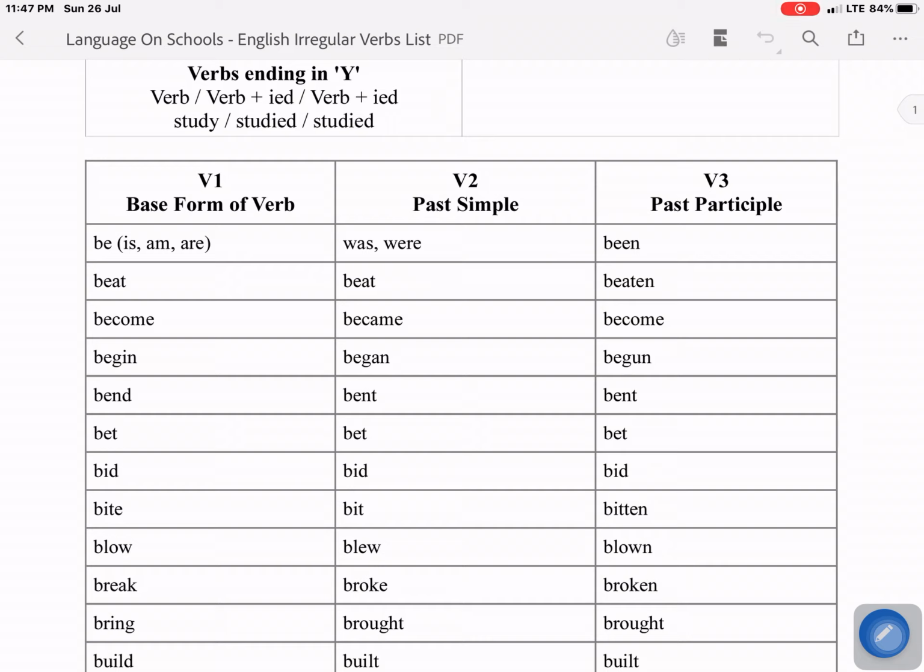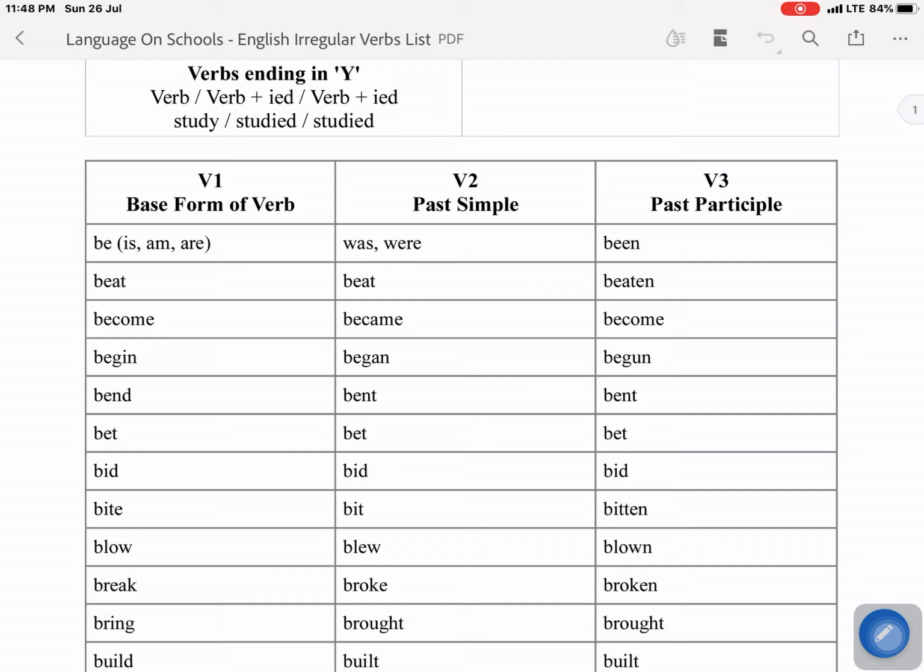Now another word, bite, bit, bitten and biting. You need to memorize all these things. V1 become, V2 became, V3 again become, V1 ing becoming. Begin, V2 began, V3 began, beginning.